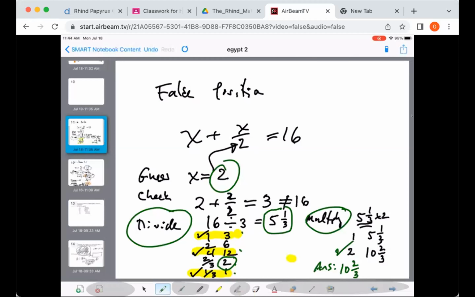Sometimes when you look at the division in the context of this problem, which has all this other stuff going on, a guess, a division, a multiplication, it can be pretty confusing when you see all that together. But if you look at last night's homework, if I said 16 divided by 3, that would be a pretty easy example of division.